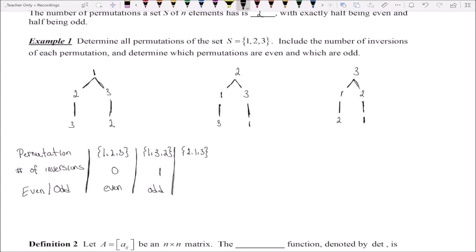Again, 2 precedes 1, so we have one inversion, making this permutation odd. Next, we have the permutation 2, 3, 1. So 2 precedes 1 and 3 precedes 1. We have two inversions, making this even.